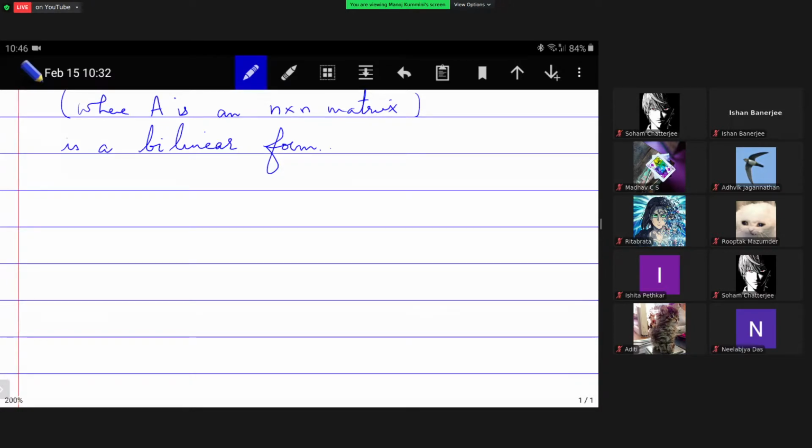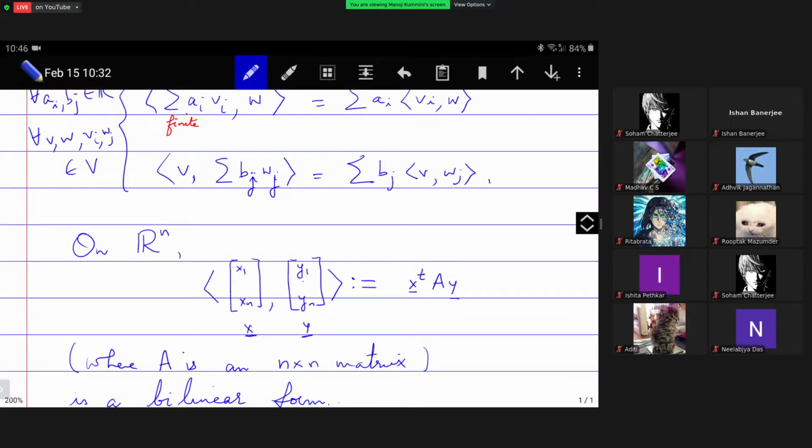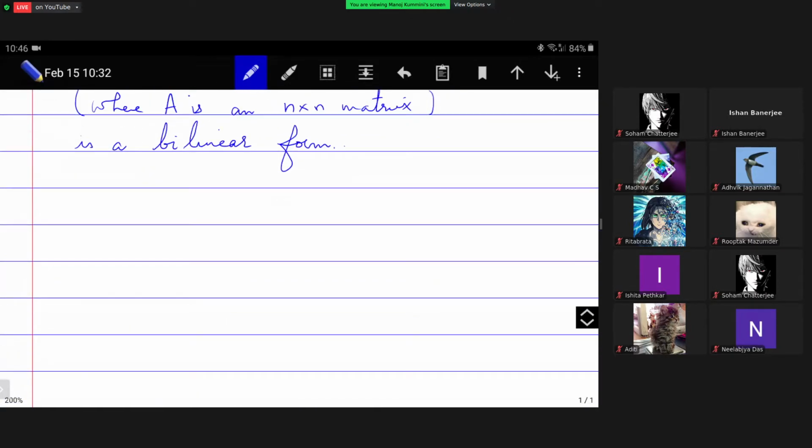So we want to relate this abstract definition to something concrete, matrix multiplication.